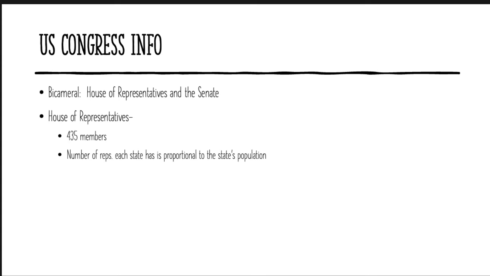So California has 53 of those 435. That's how large the state of California is. Texas has a bunch as well. Alaska has one. New York has a significant population in New York City, but not outside of that.